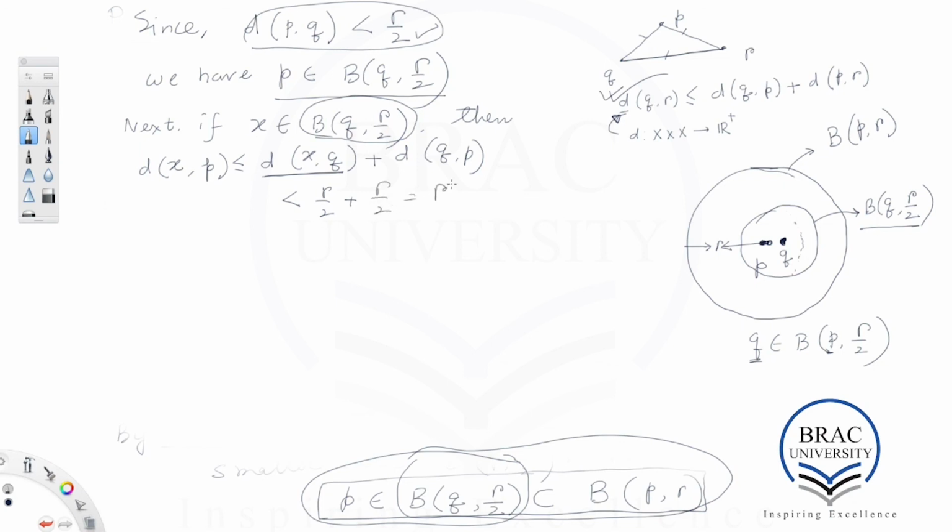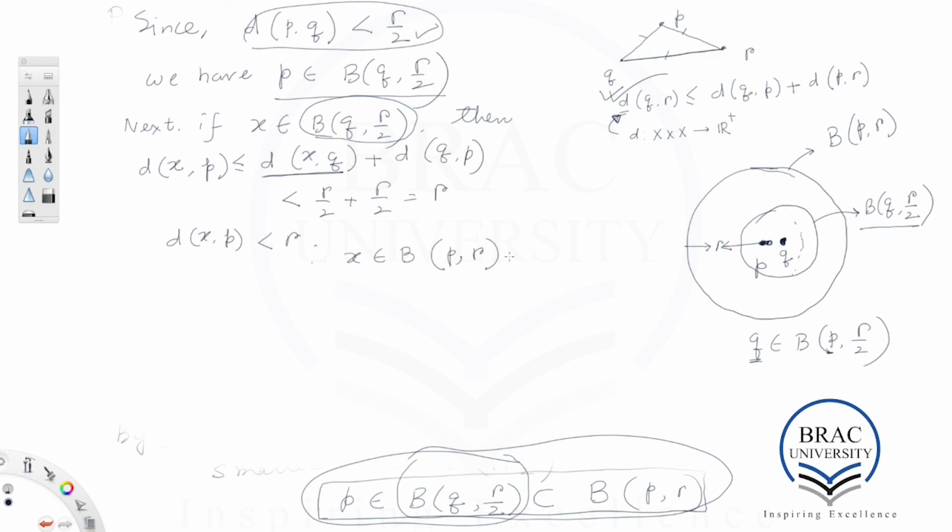So it confirms that the distance between X and P is less than R, which means that X is in the ball centered at P and of radius R.